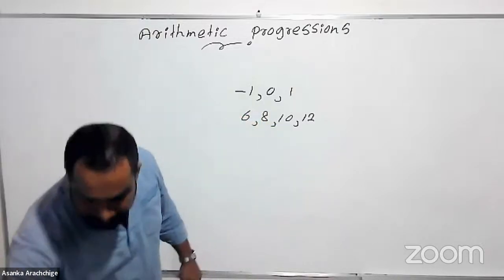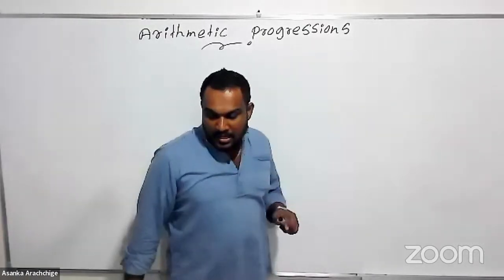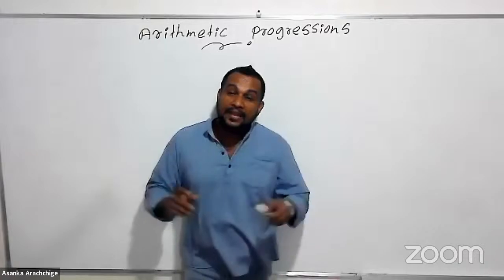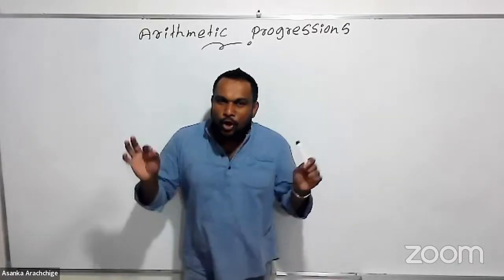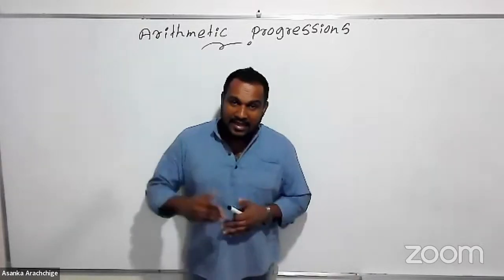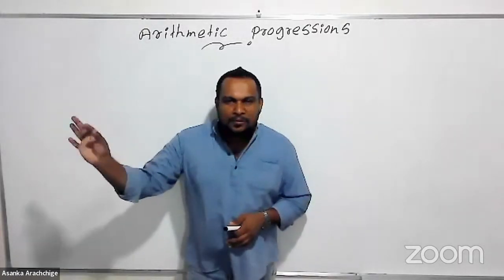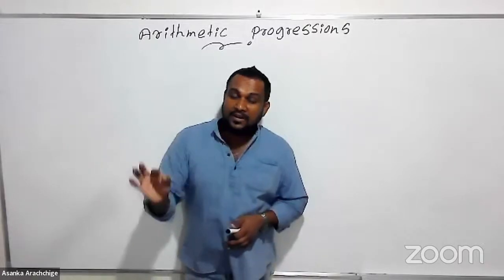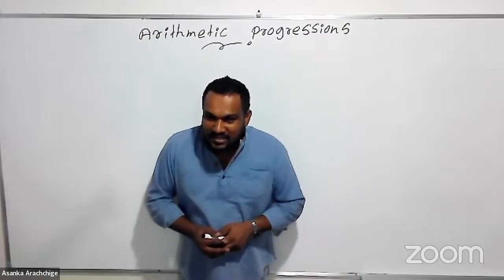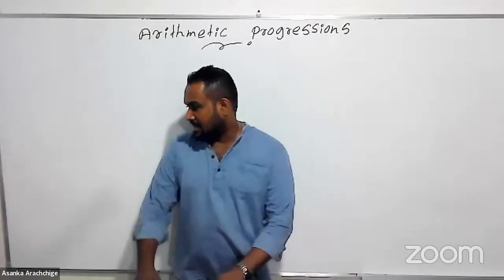So, in a number pattern, in a number sequence, if the gap between each and every pair of consecutive terms is common, common means the same, that is called an arithmetic progression. Understood now? Right. Take down in words.